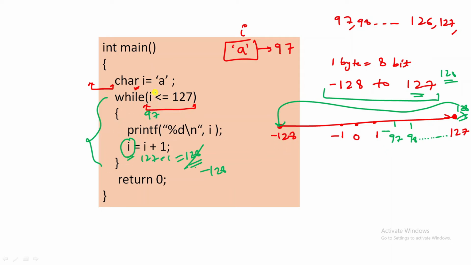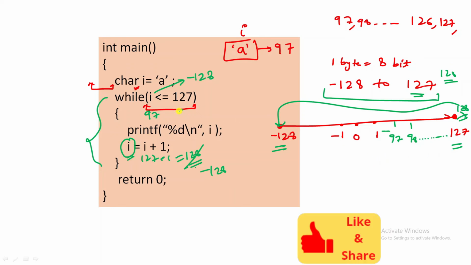Now this I will be checked as -128, and this -128 is lesser than 127, right? So again it will come here, and after printing, -128 will be printed if we are printing in the D form. The same way it will go on, -128 plus 1 is -127, which is also less than this, then -126.